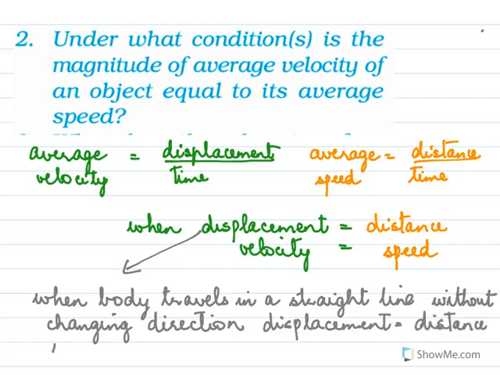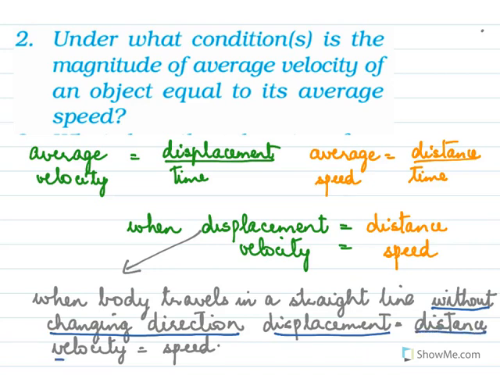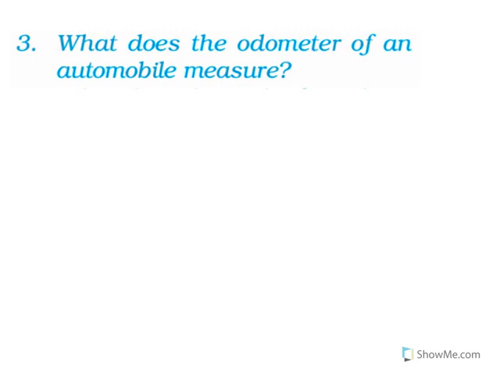Because displacement equals distance, velocity equals speed. So for velocity to be equal to speed, it should travel without changing direction, and then displacement becomes equal to distance, hence velocity becomes equal to speed.